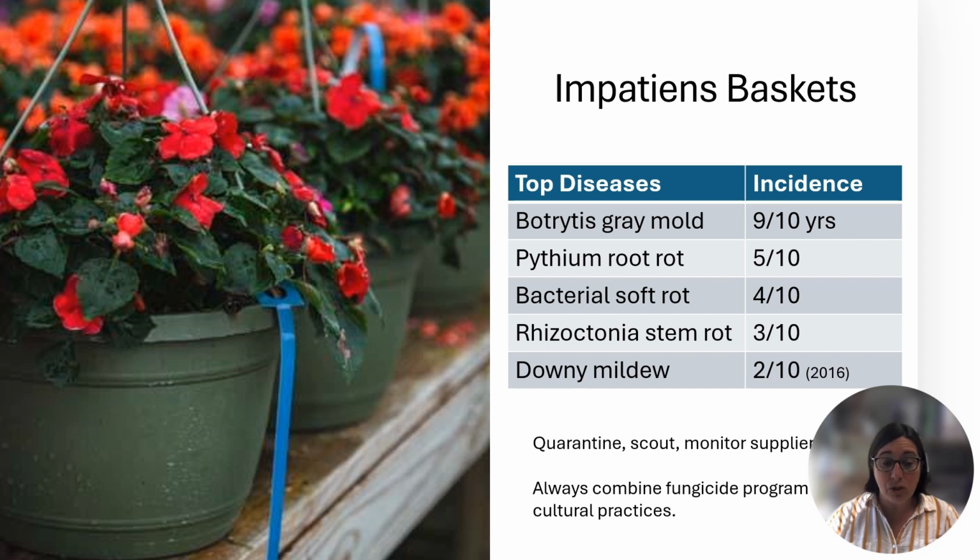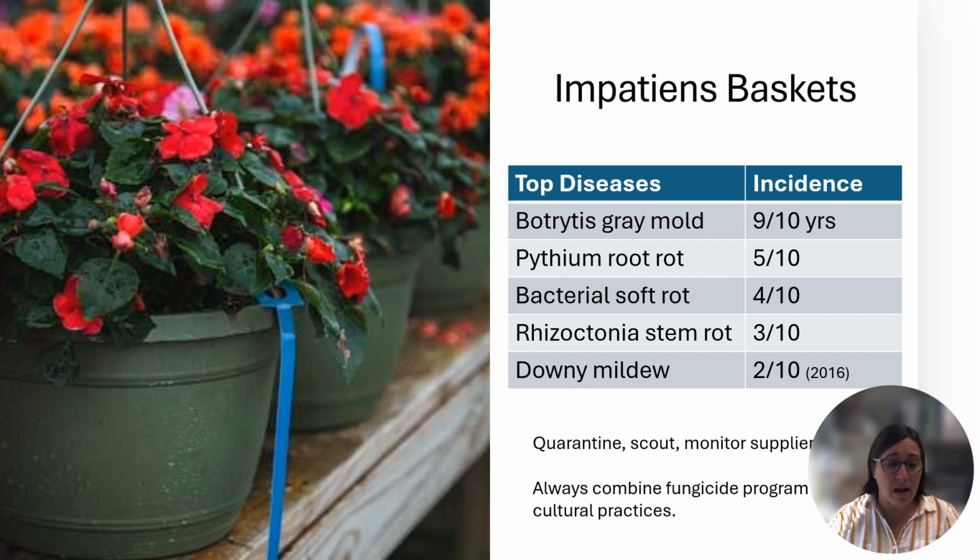I've got Botrytis gray mold 9 years out of 10. Botrytis is an airborne fungus, so it's always here, but it can only establish if our relative humidity is above 85%. And I've just learned that. So I've started regulating my humidity and increasing my air circulation in my greenhouse, but still I need a fungicide program to help me manage Botrytis because I know it's common in my greenhouse on my impatiens.